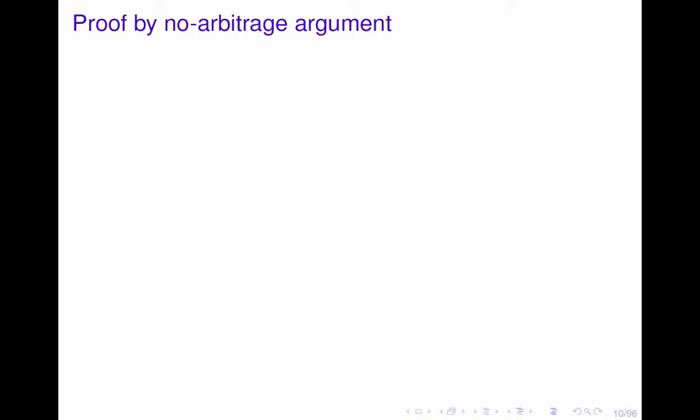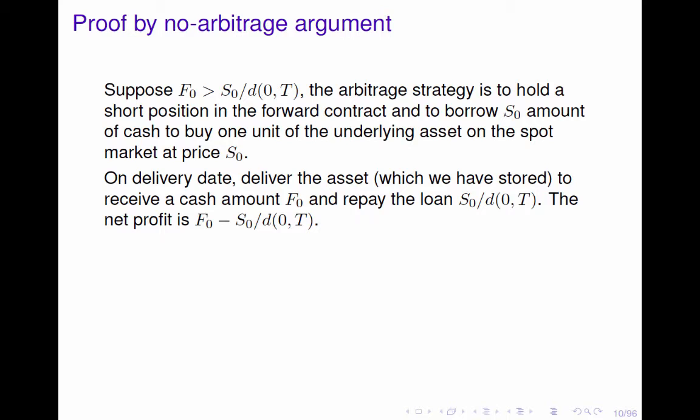Now let's consider two cases. First, if F0 is strictly greater than S0 divided by the discount factor. Clearly, the forward contract is overpriced and the underlying asset S is underpriced. Thus, we will enter into a short position in the forward contract and long 1 unit of the underlying asset. That is, borrow S0 amount of cash to buy 1 unit of the underlying asset on the spot market.